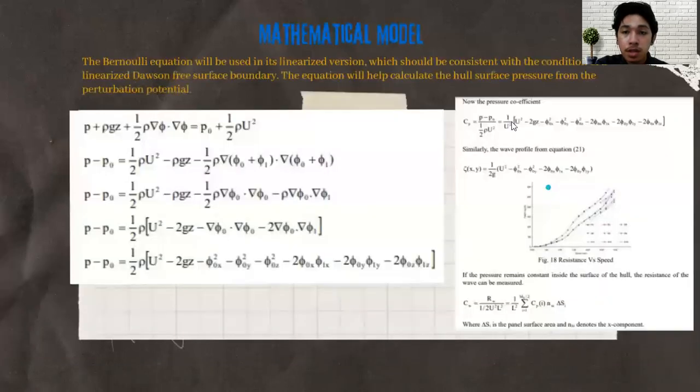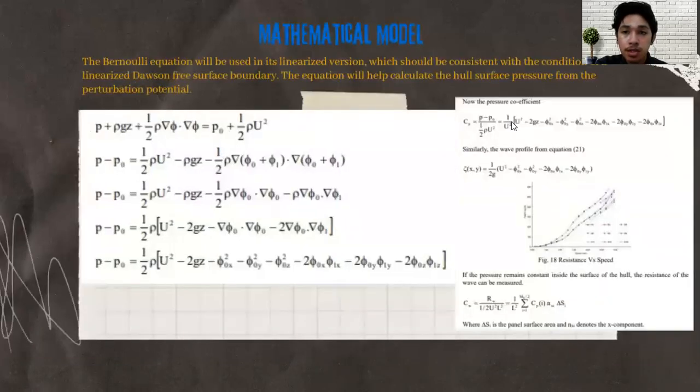So the mathematical model is presented down below, which is the Bernoulli equation that will be used in its linearized version, which should be consistent with the condition of a linearized Dawson free surface boundary. The equation will help calculate the hull surface pressure from the perturbation potential.